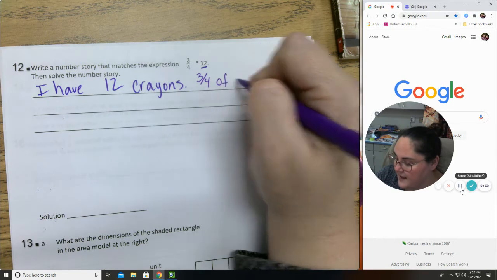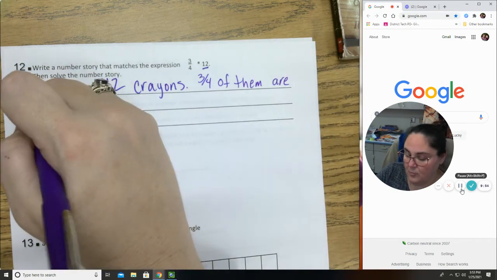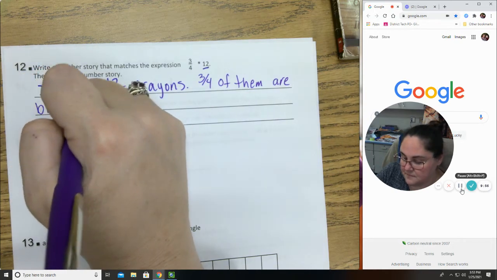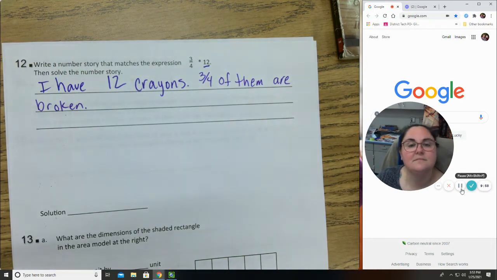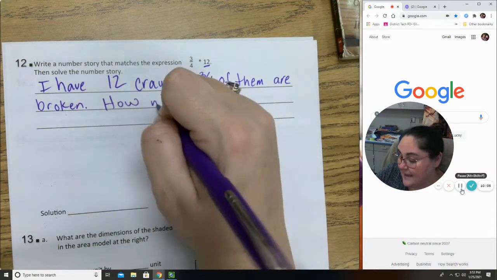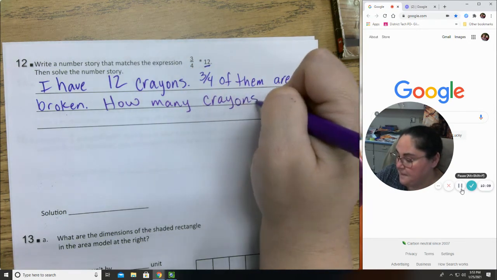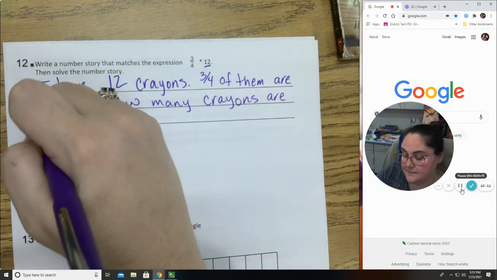Three-fourths of them are broken. Lincoln's being silly, breaking my crayons. How many crayons are broken?